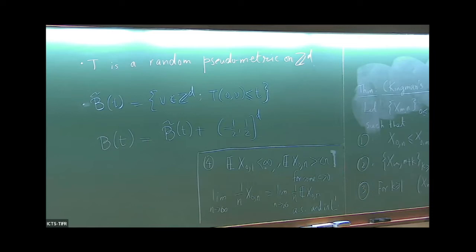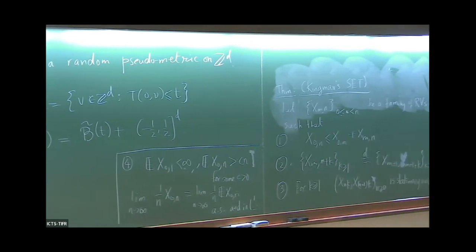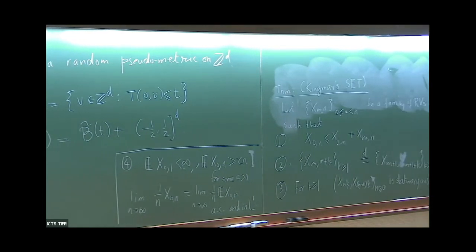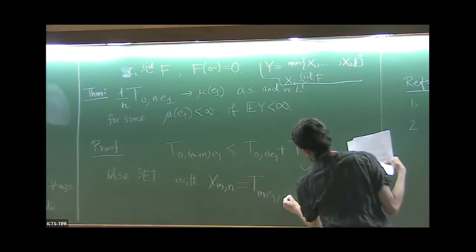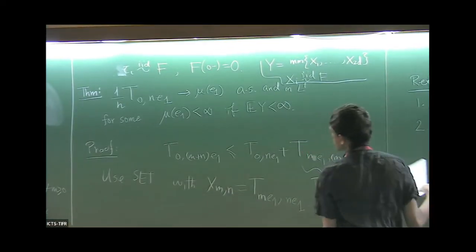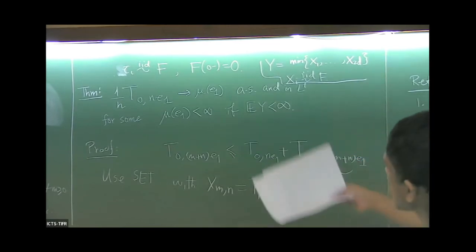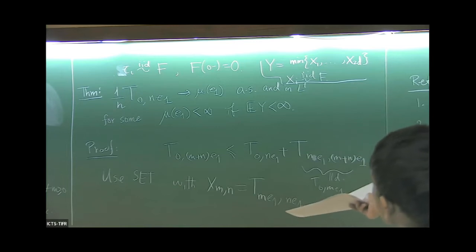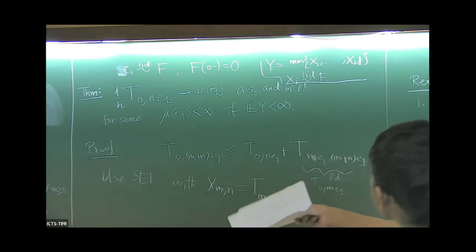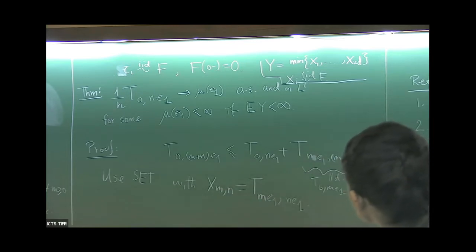Okay, so how does this apply in our case? Just use the subadditive ergodic theorem with the choice of sequence xmn being the passage time from m times e1 to n times e1.